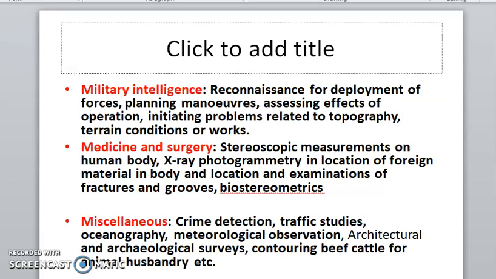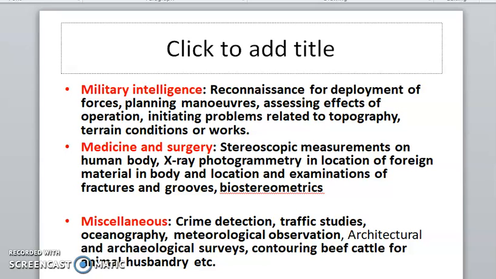Next, military intelligence: reconnaissance for deployment of forces, planning maneuvers, assessing effect of operations, solving problems related to topography and terrain conditions. In medicine and surgery, stereoscopic measurement of the human body, X-ray photogrammetry for location of foreign material in the body and examination of fractures, and biostereometrics.